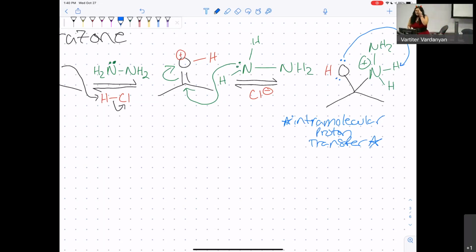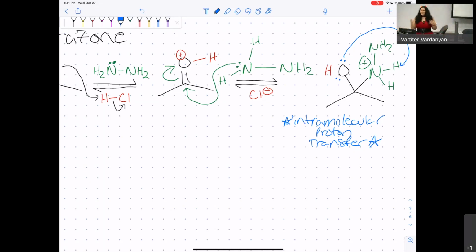And so essentially, does it actually happen like this? Does it actually happen in two steps? What's the truth? This is something that different professors debate, right? When I was taking this class, Dr. West said it really does happen like this. And then my TA in Orgo Lab told me it doesn't happen like that.